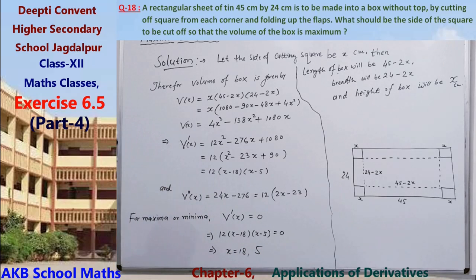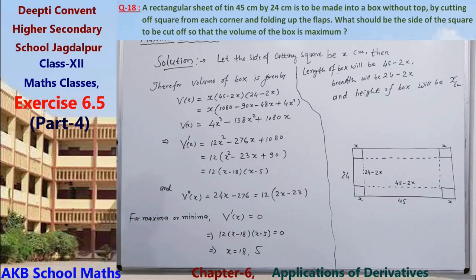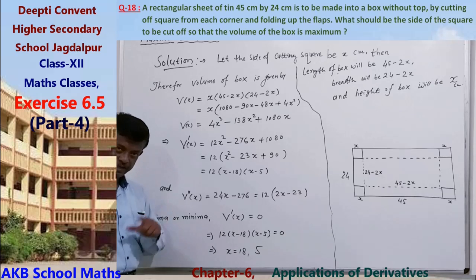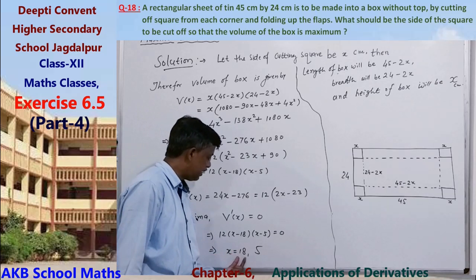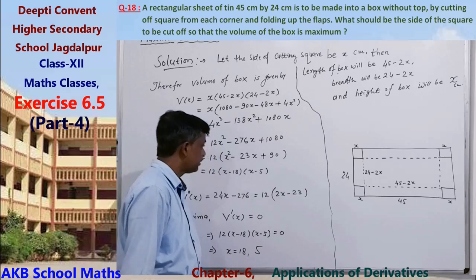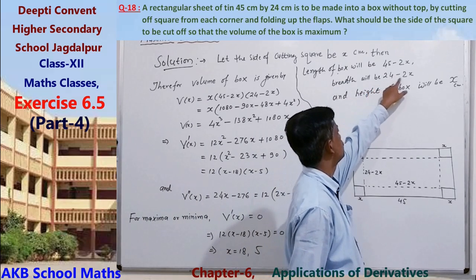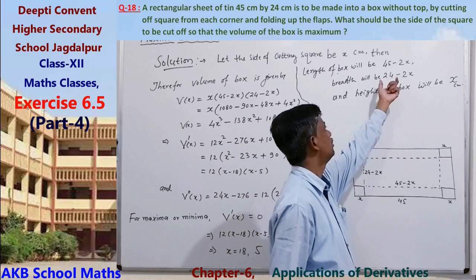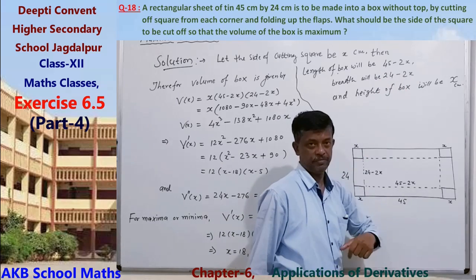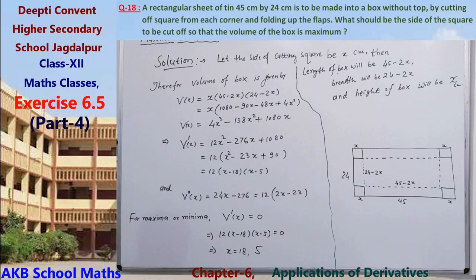So these two values may be critical points, that is, points of maximum or minimum. Here we see that if we take x equals 18, then breadth will be 24 minus 2 into 18, that is minus 12, which is negative. So 18 is not possible.